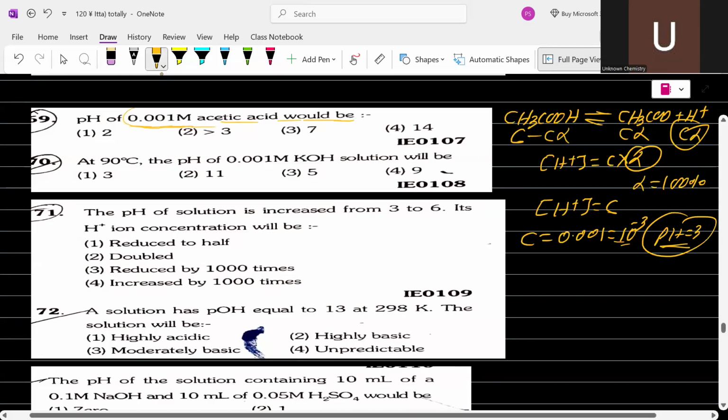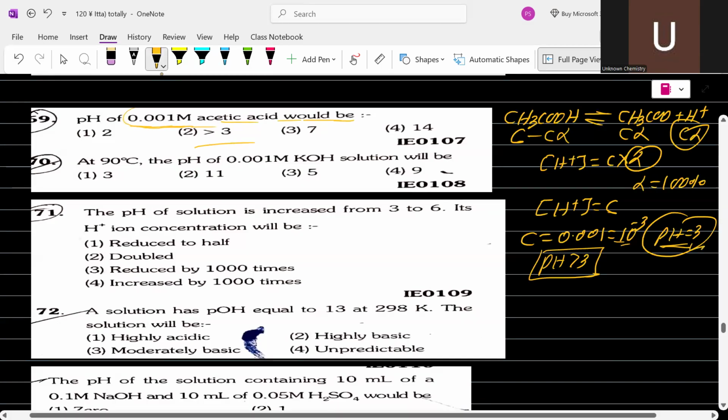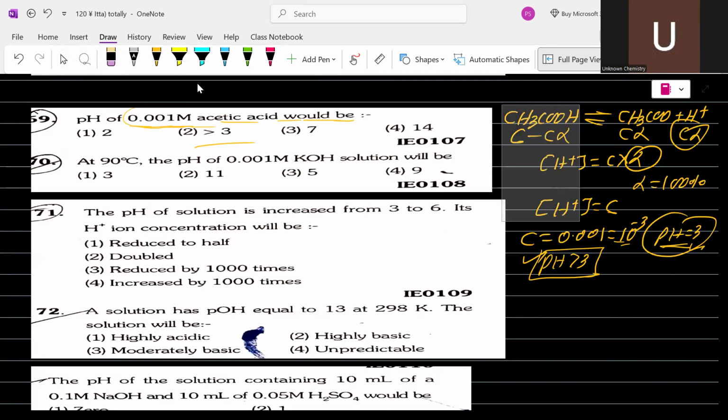However, pH will not be 3. It will be less acidic than that. So pH will always be greater than 3 in this case, because H plus ion will not release completely into the aqueous solution. That means more H plus, less pH; less H plus, more pH. If it is 100%, then pH is 3, but it is not 100%, so H plus is less and pH will be more. I hope you have understood these concepts too.